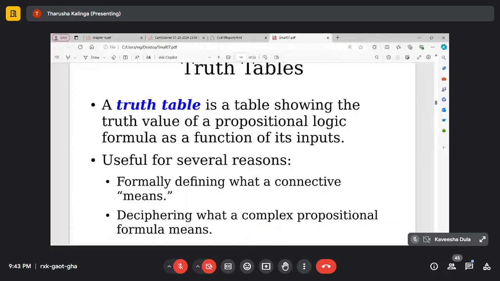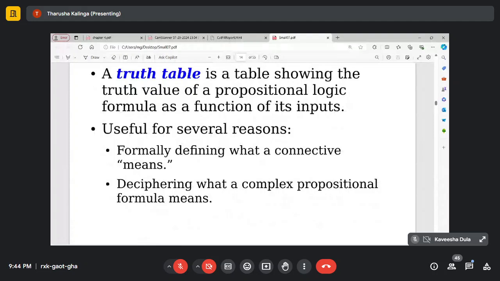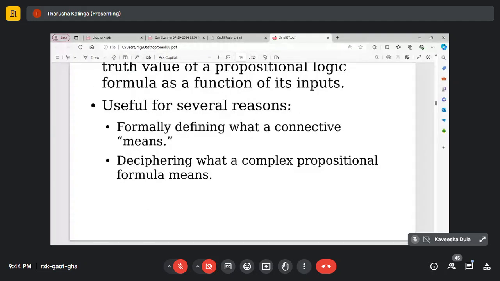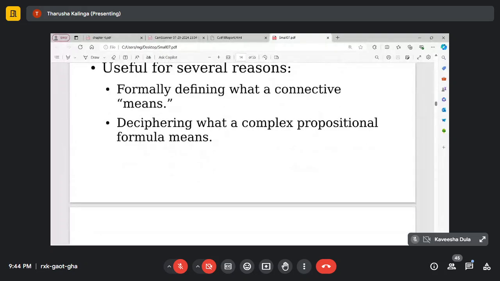So the truth table shows what? The truth value of a propositional logic formula as a function of its inputs. So inputs are there, and we have to derive the output using those inputs.